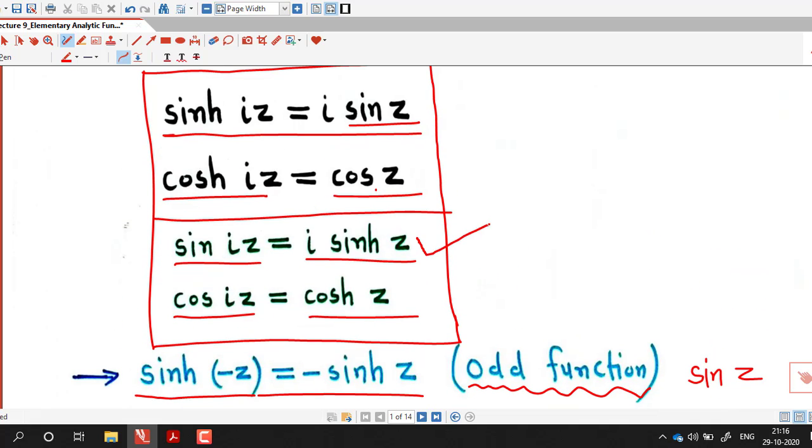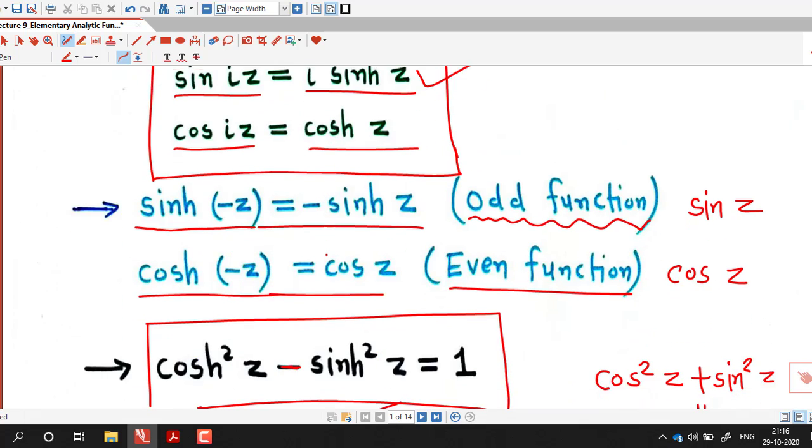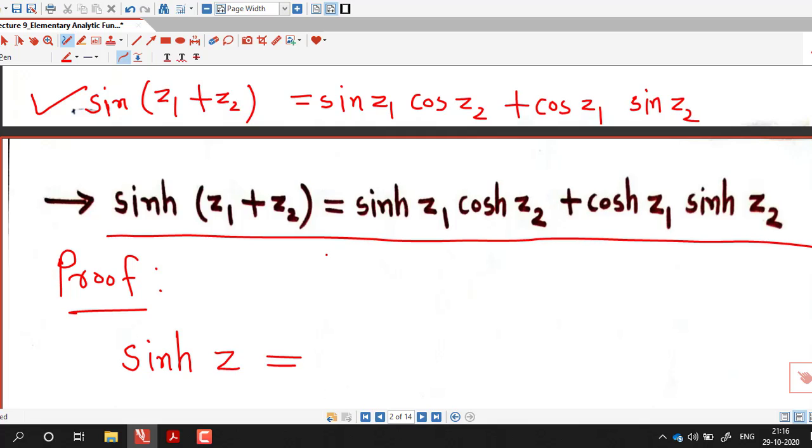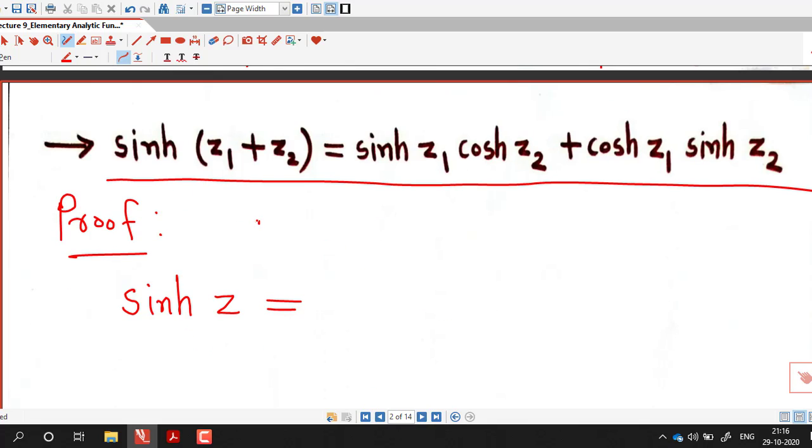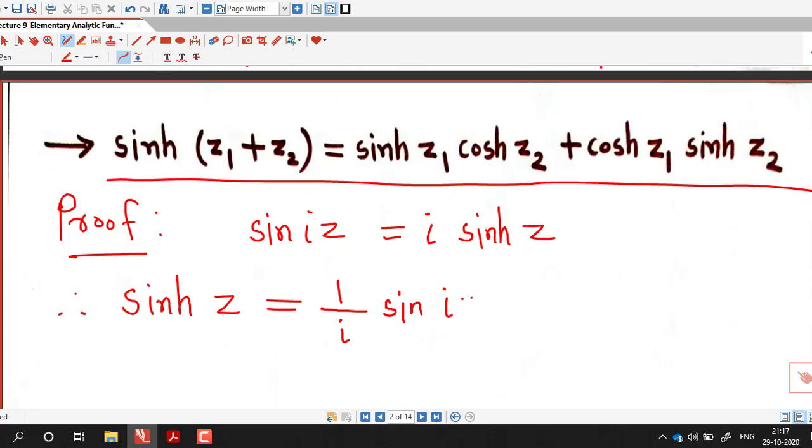We can use this relationship: sin iz is equal to i sin hyperbolic z. So from this we obtain sin hyperbolic z is 1 over i sin iz. Now 1 over i is minus i, so it is minus i sin iz.